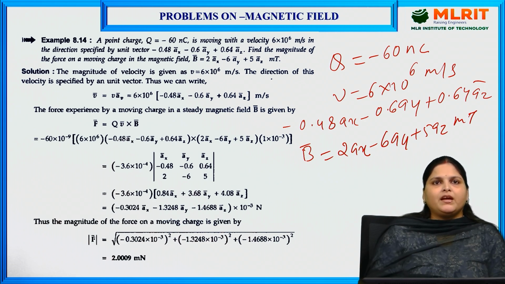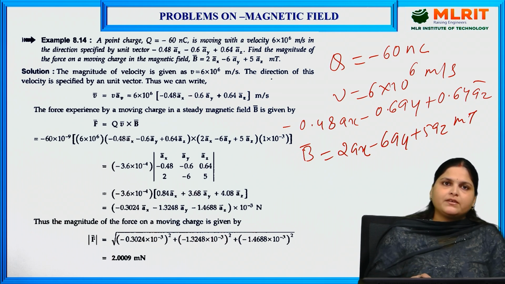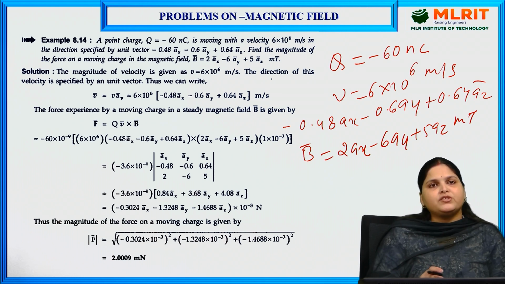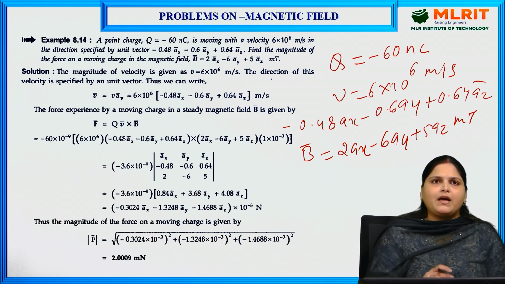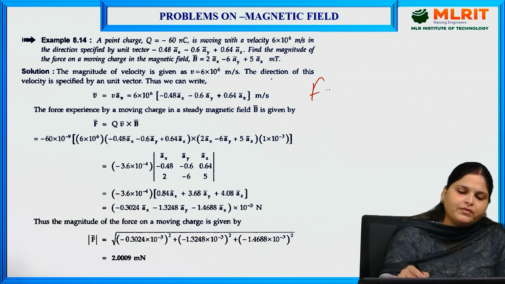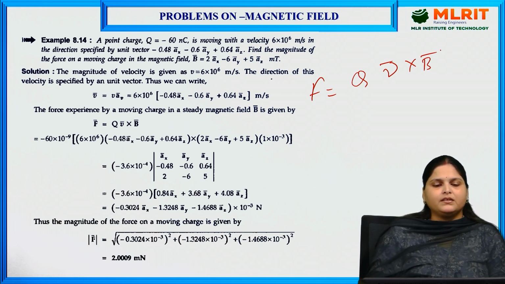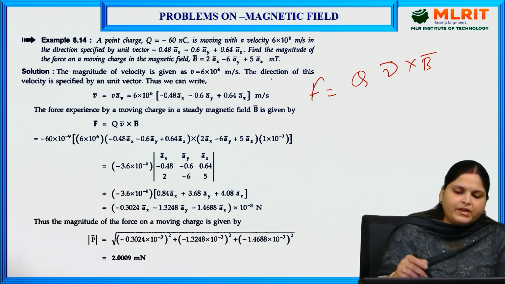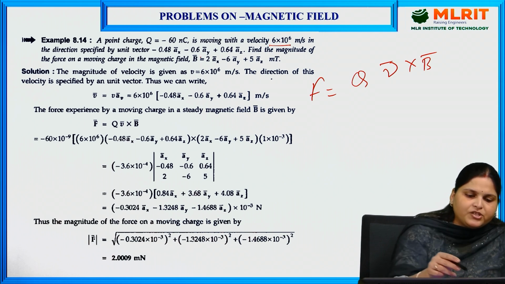So basically we have to find the force on the moving charge where the velocity of the charge is given, the magnetic field due to which the charge is experiencing the force is also given, and the value of Q is also given. So we have to use the formula F is equal to Q V cross B. V is given with its magnitude and direction separately.